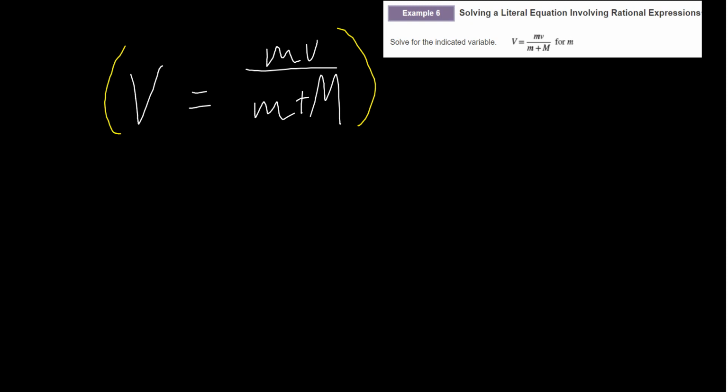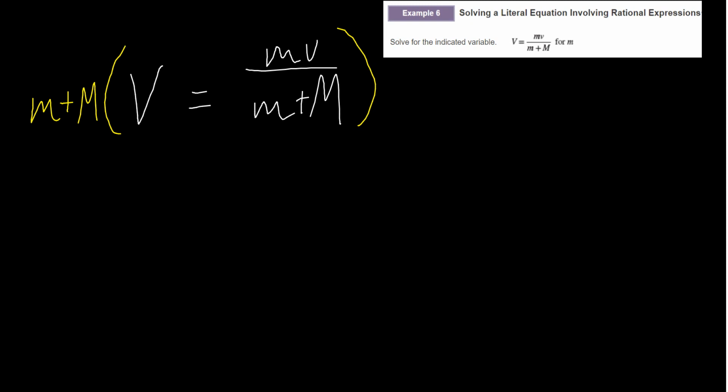So let's go ahead and write that out. Big V is equal to little m times little v over little m plus big M. We're going to multiply this entire problem by m plus M. Well, when we distribute, this becomes pretty easy.